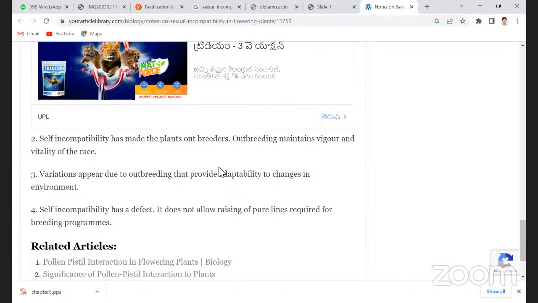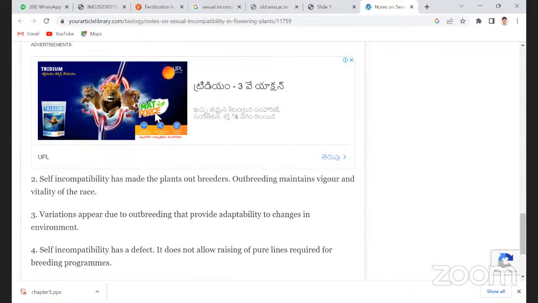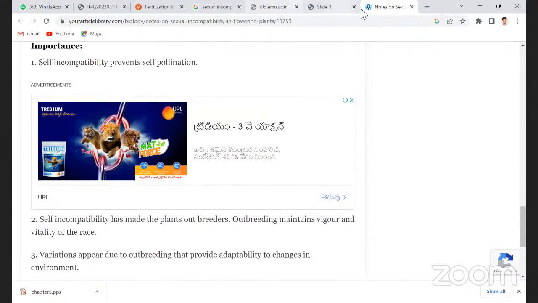And self-incompatibility has a defect: it does not allow raising pure lines required for breeding programs. These are some important points of sexual incompatibility.